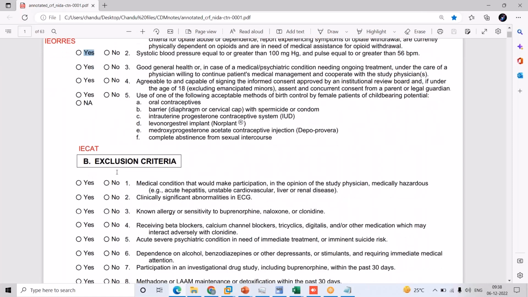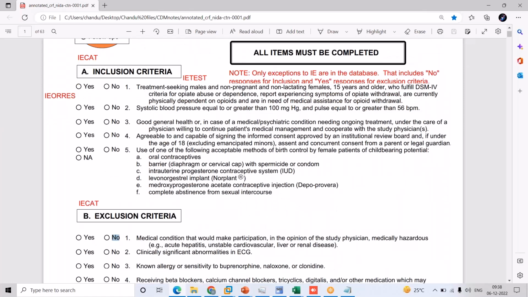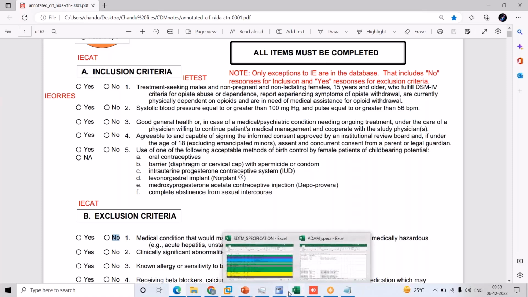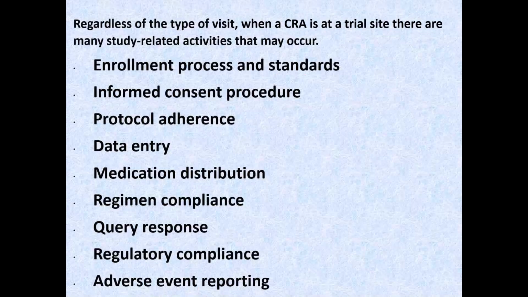Answer should be selected no to all these exclusion. The investigator will be following this inclusion exclusion criteria. According to this only, they'll be recruiting the subject. But the CRA will verify whether the investigator is following the inclusion exclusion criteria which is given in the protocol, so whether he is recruiting qualified participants. So this is the point that the CRA checks.